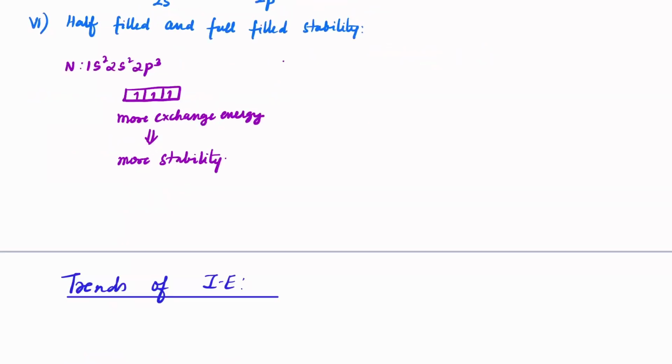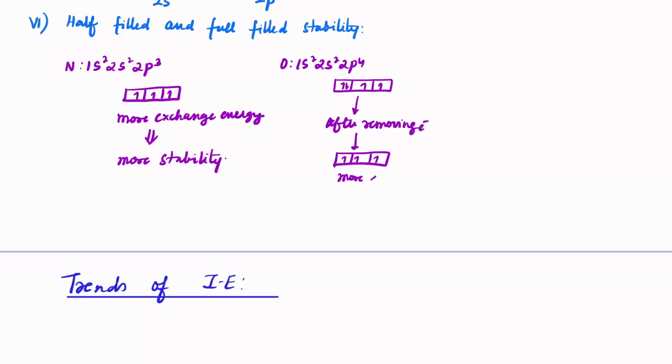When it comes to oxygen, it has 1s2, 2s2, and 2p4. In 2p4, if you notice, we have two electrons paired in one orbital. Now it is the other way around. After removing an electron, it will have 3 unpaired electrons, more exchange energy, and become more stable.